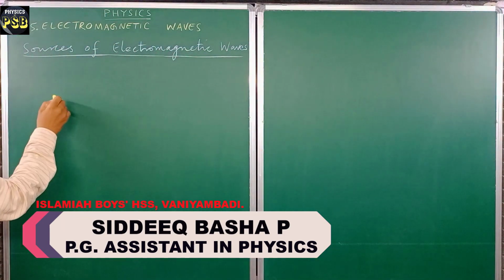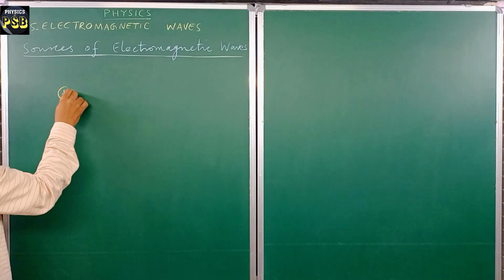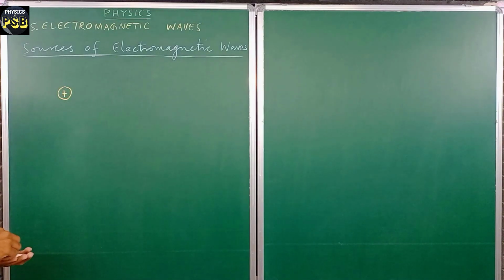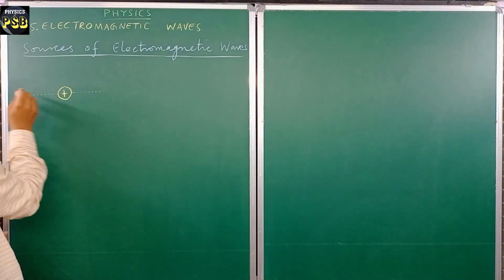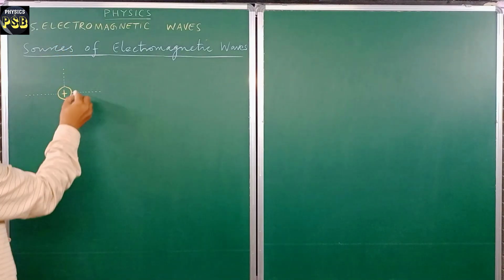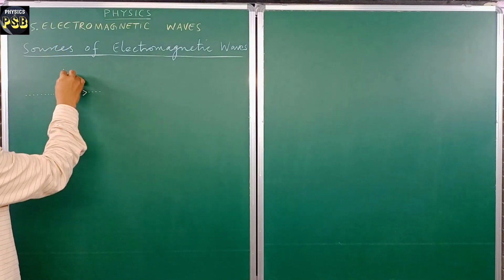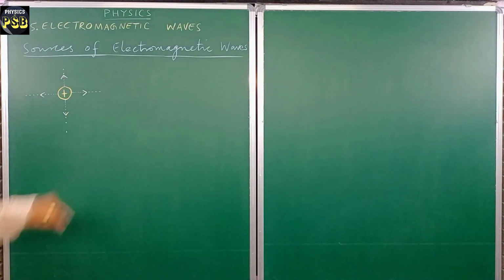Suppose I have a positive charge, then we may find an electric field acting in the outward direction. So these lines are nothing but electric field lines.